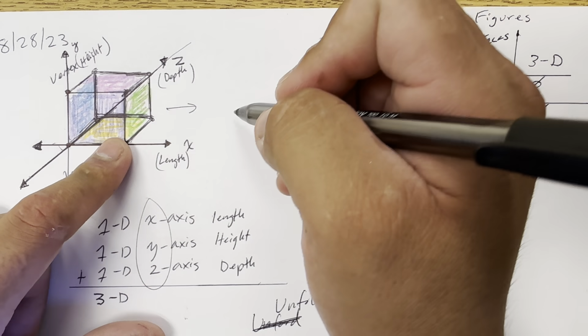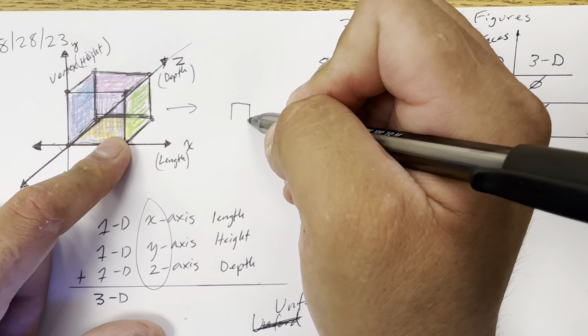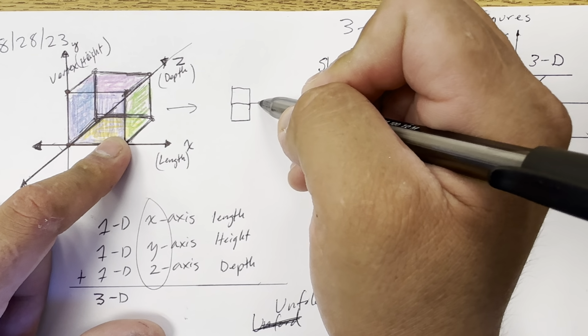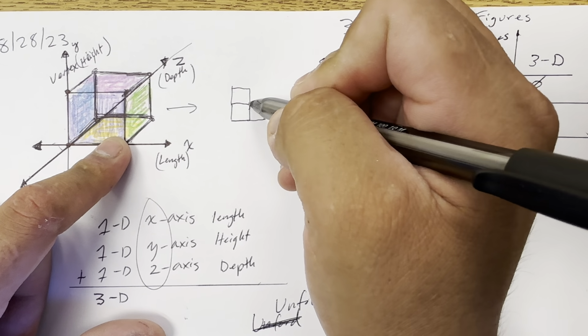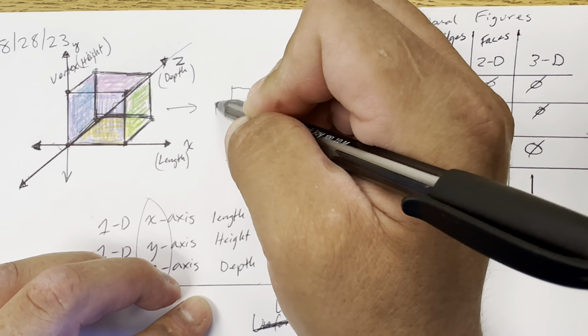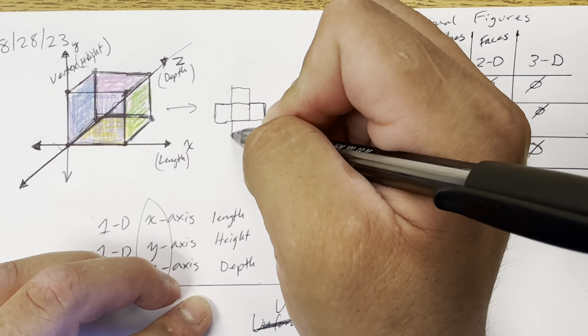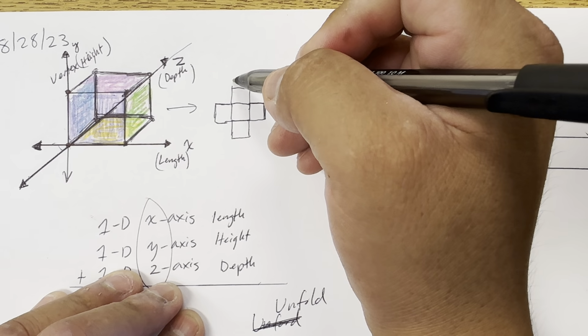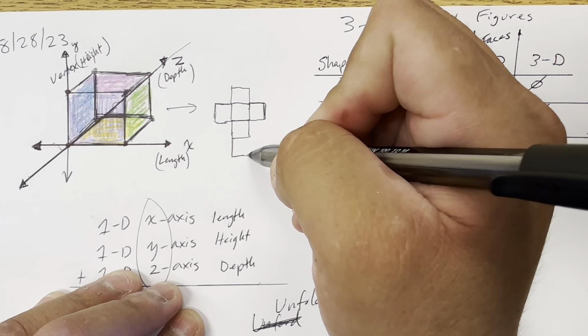Well, you're gonna have 4, here's a bottom, here's one of the sides, another side, try to make them as even as possible, another face, and then here is the very top.